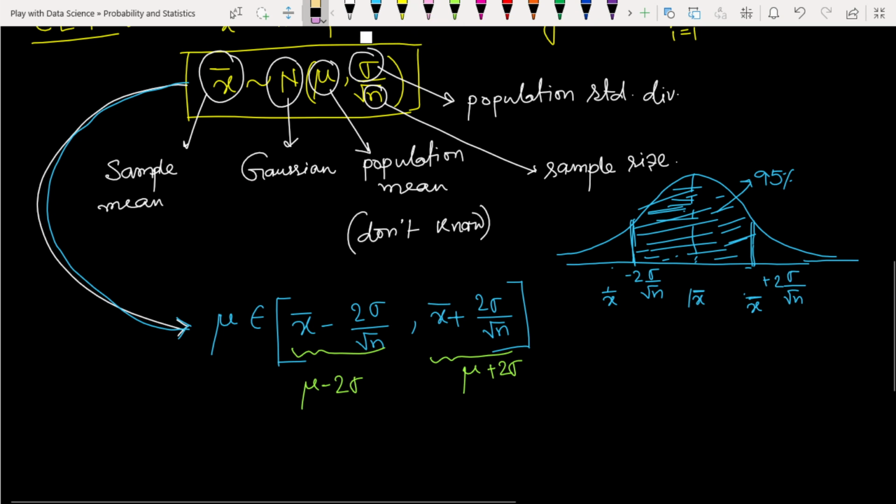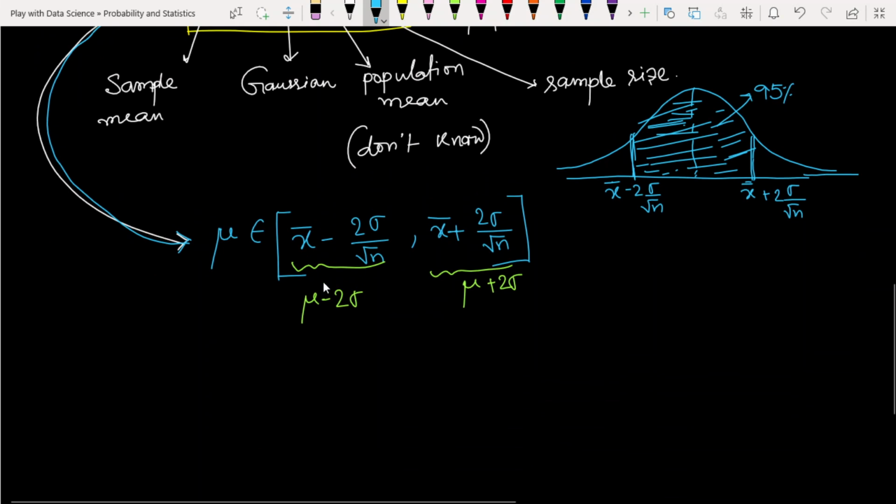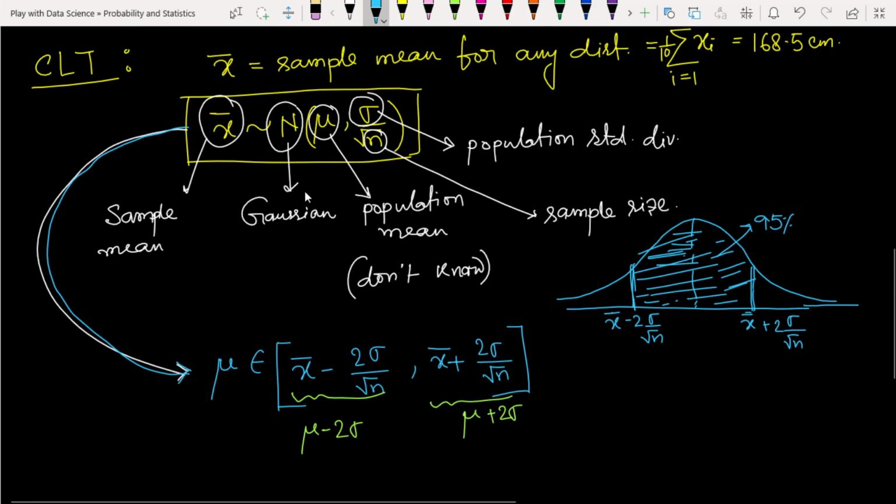Don't be confused, because it's the sample mean x. Here actually it will be mu, but the interval lies this way. I think you got the answer from here.